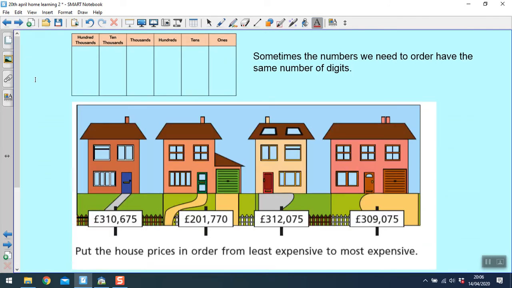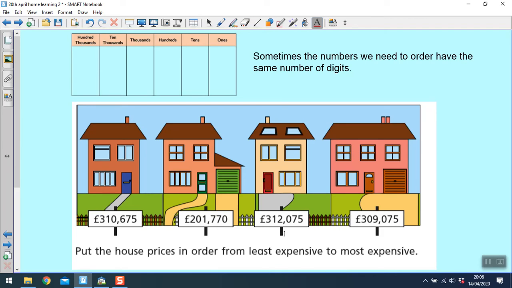Okay, we're going to order now these numbers. So again, they've got the same number of digits. They've all got 6 digits in the numbers. And they are house prices. So this house costs $310,675. This house costs $201,770.